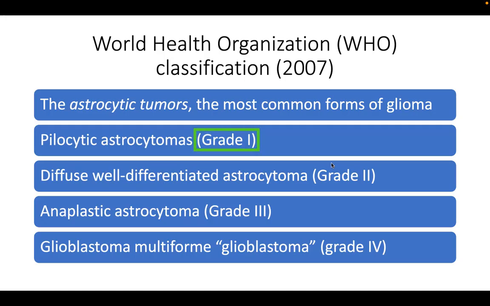Okay, grade 2 are the diffuse, well-differentiated astrocytomas. Grade 3 are now the anaplastic. And grade 4 is the famous GBM, or the glioblastoma multiforme.